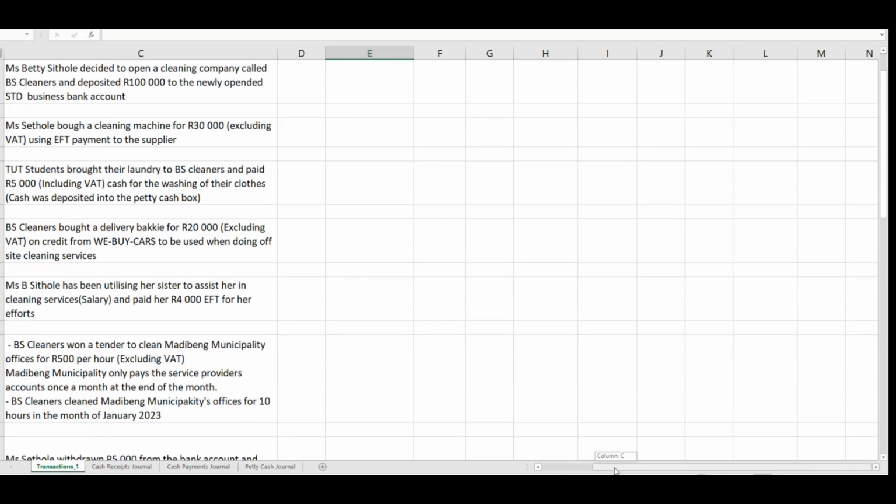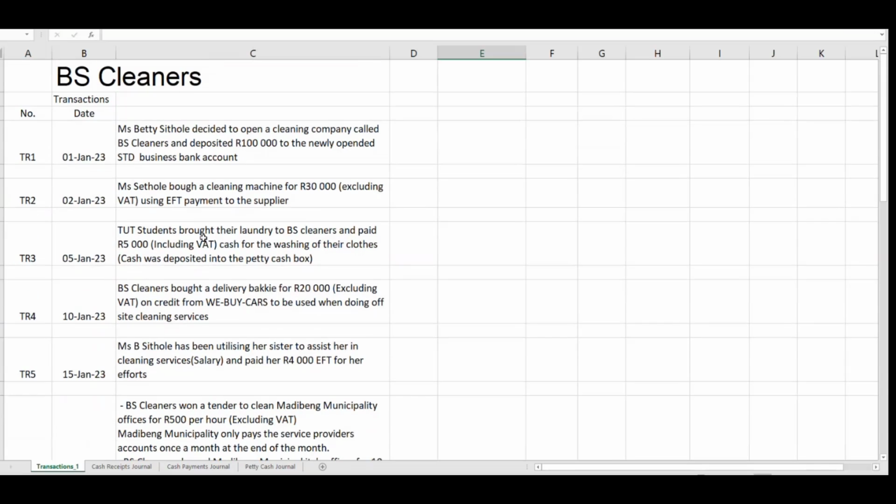The next transaction is transaction number 3, which says TUT students brought their laundry to BS Cleaners and paid 5,000 rands, inclusive of VAT, cash for the washing of their clothes.